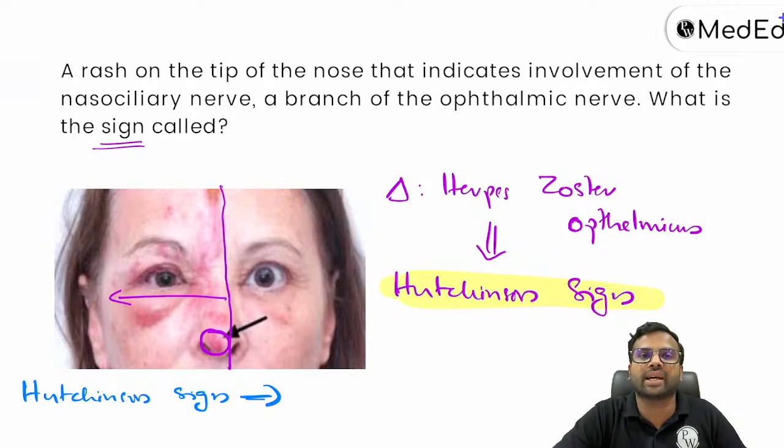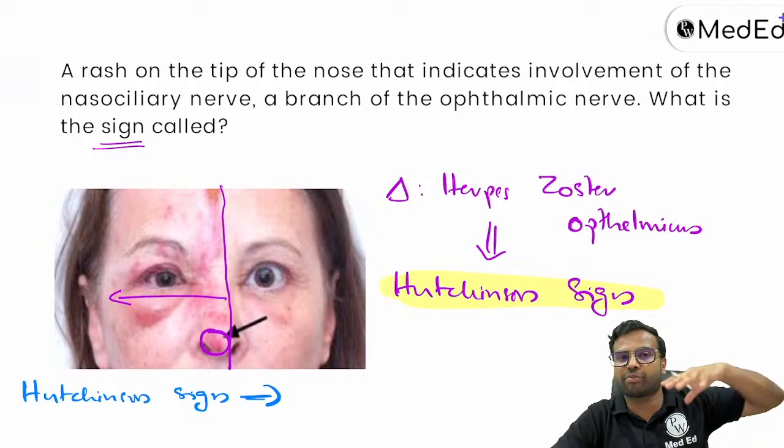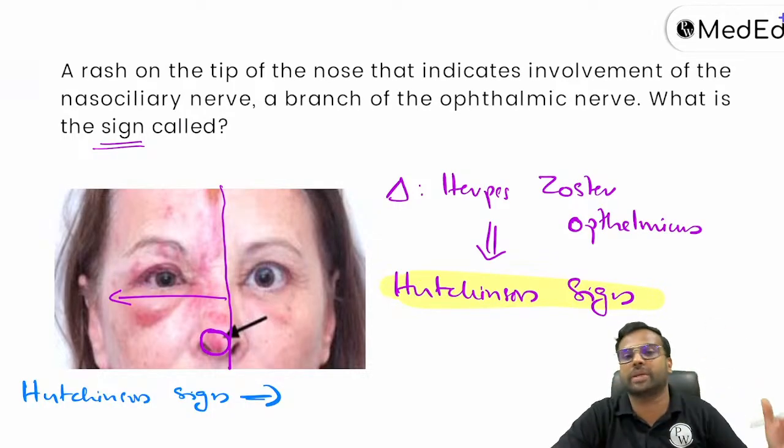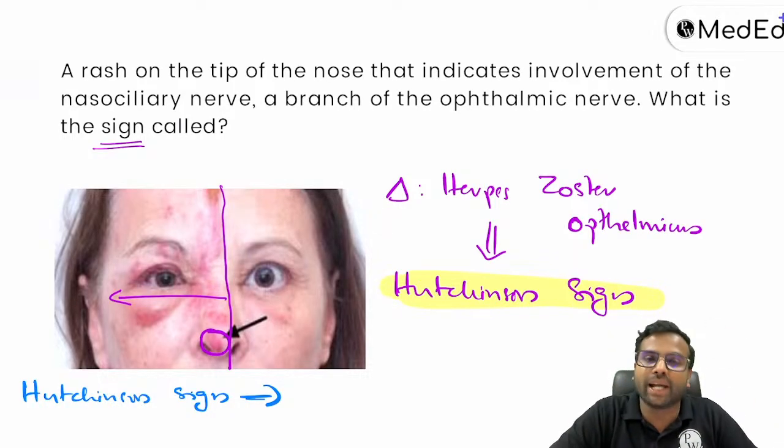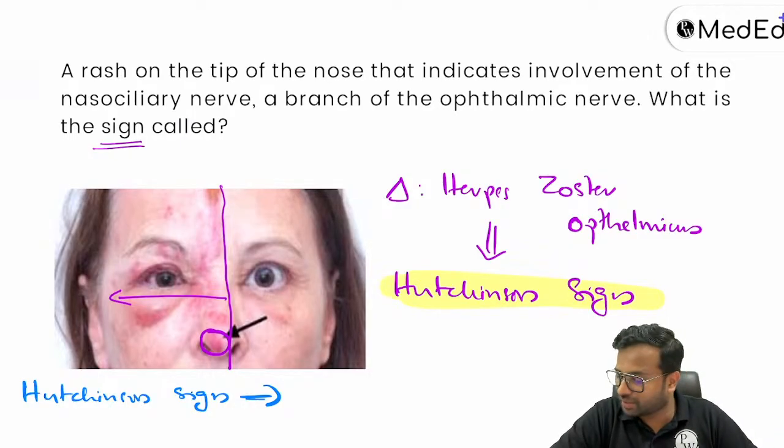It is seen in a sexually transmitted infection, where it can be seen in children. A mother must have passed on this STI to a baby, and the child will present with a Hutchinson triad. Which disease is it? Anyone?